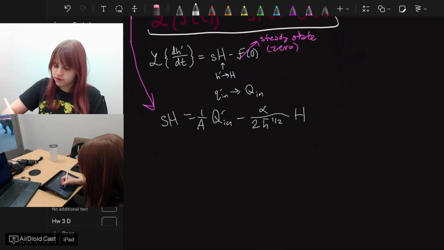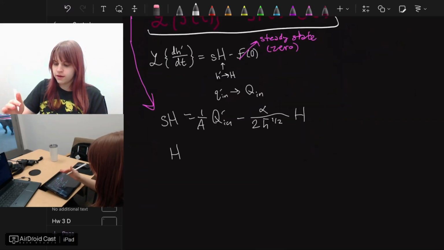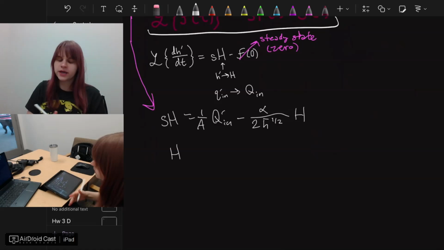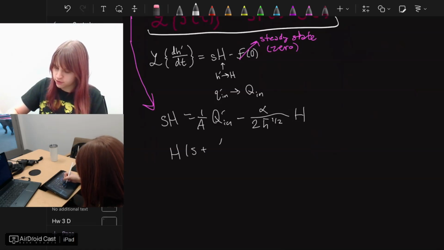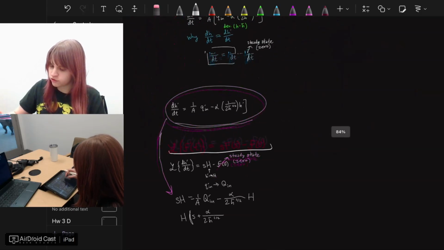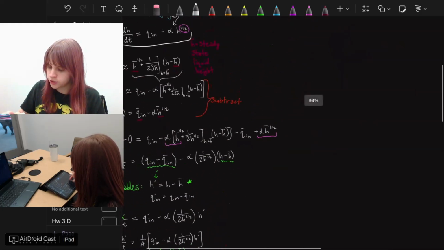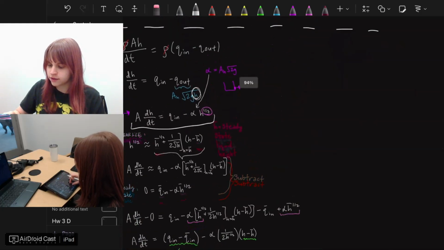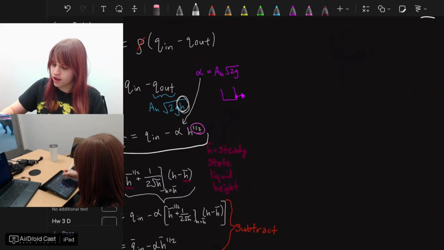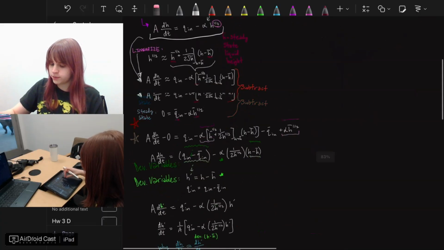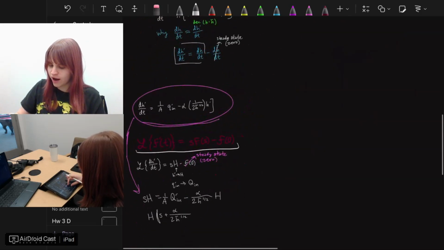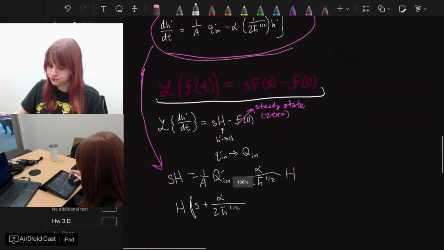And then we want to get h by itself. So we have that term with the alpha, and again, just to remind you and myself that the alpha is the area of the hole times the square root of 2g, g being the gravitational constant.